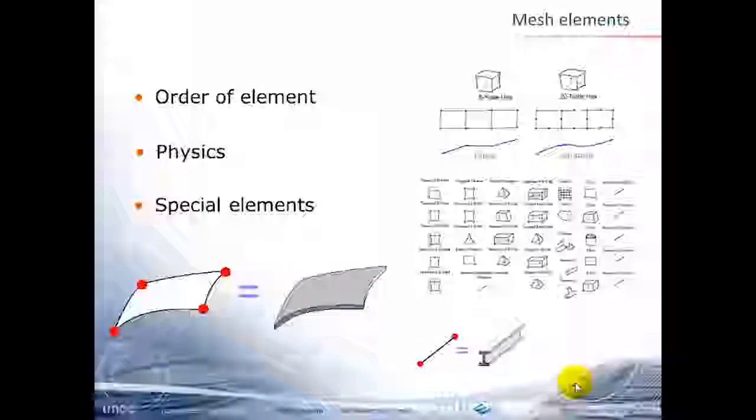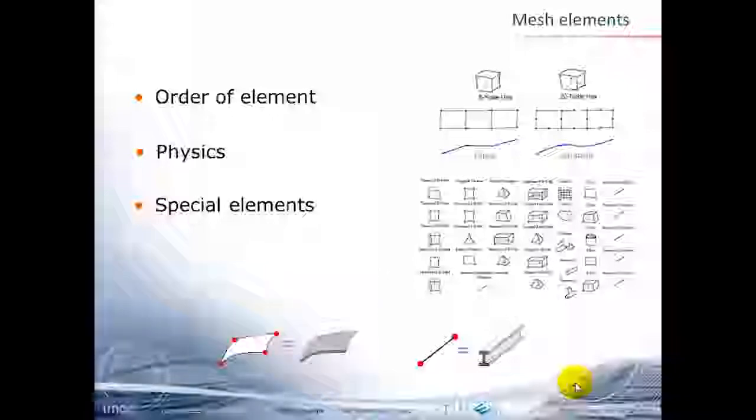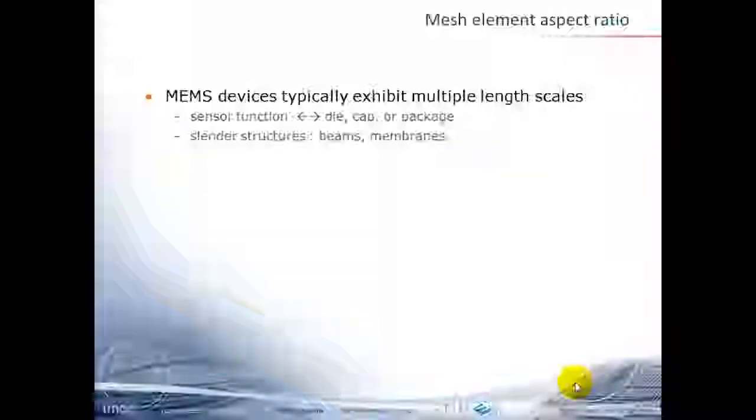And the same is true for shell elements. Shell elements are 2D elements, but they have degrees of freedom in the 3D world. And they can sometimes represent multiple layers. So they are typically used to represent the shapes or the hull of a car or pipes or even airplanes. In the end I have an example where I also took advantage of these shell elements in the MEMS world. These are special elements.